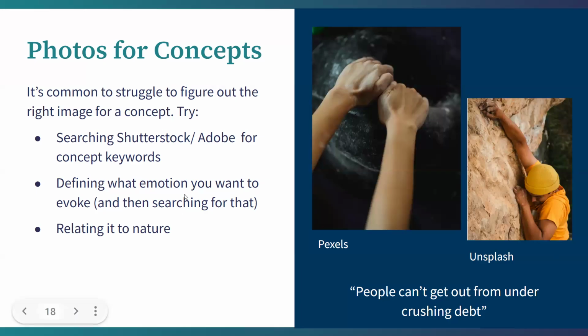Another thing to do is to try to relate it to nature, because there are lots of nature stock photos, since people take lots of photos on their vacations and then put them on stock photo sites. So if you can come up with some kind of nature analogy, a person in nature analogy, that often works.